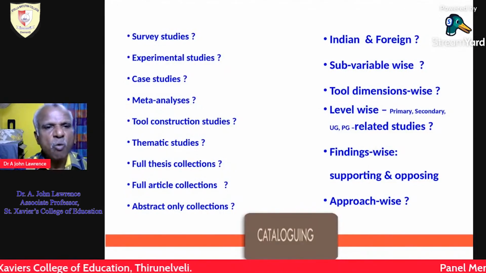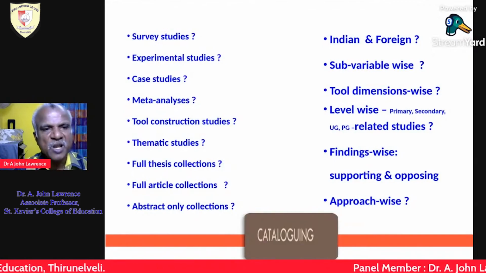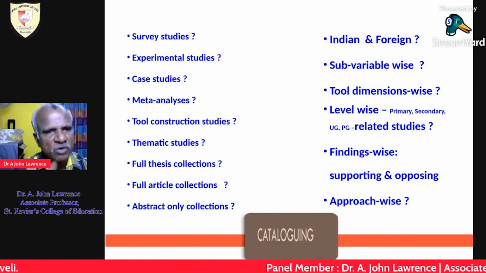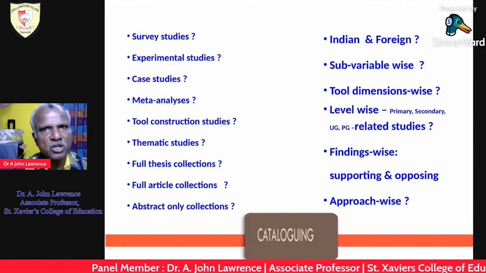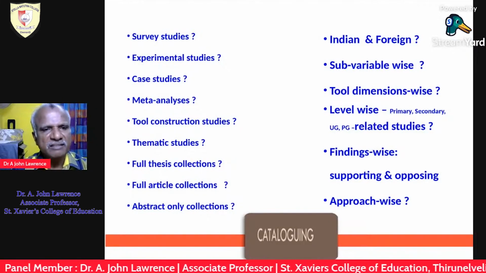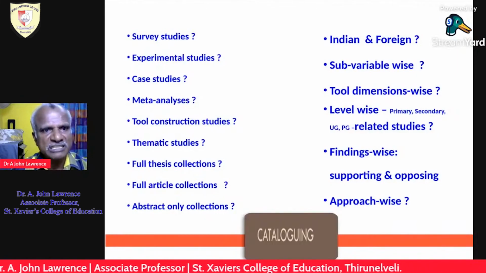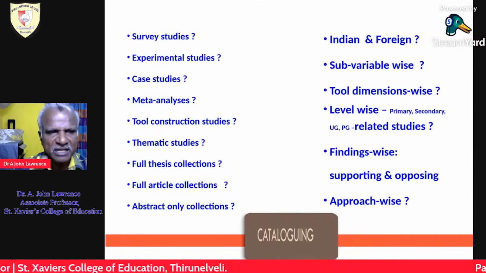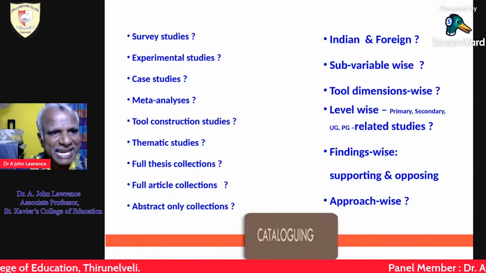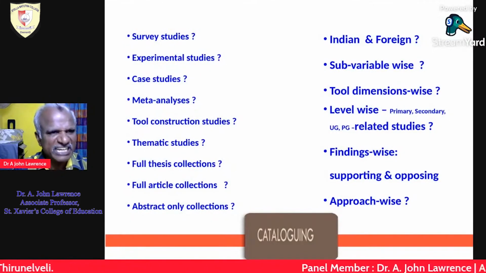Put together the case studies. Put together the meta-analyses. Then put together the tool construction or tool developmental studies. Then the thematic studies. Like this, you can put them under different heads. This is called cataloging.